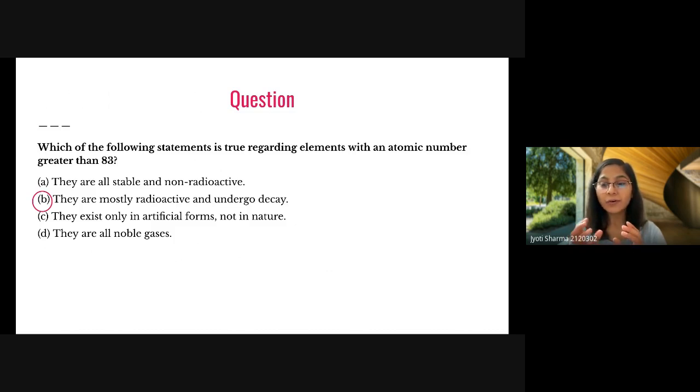The nuclei of your atom will be unstable, and after being unstable, it will emit some radiation. That's why this gives you radioactivity. So if your atomic number is greater than 83, then that atom will be considered radioactive, and that atom will undergo decay, right? So just keep in mind, atomic number more than 83 means that atom will be radioactive in nature.